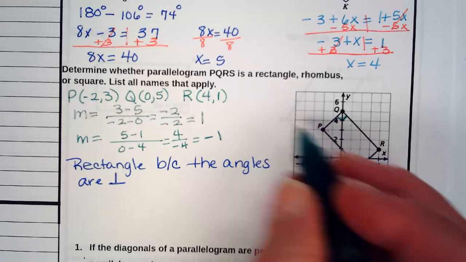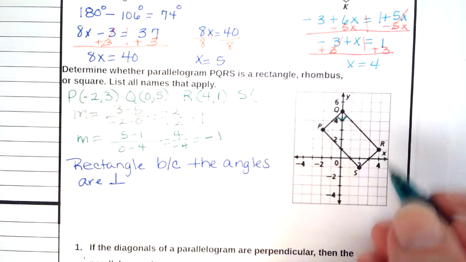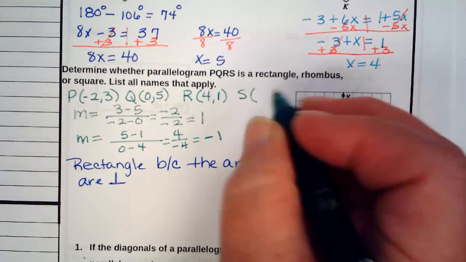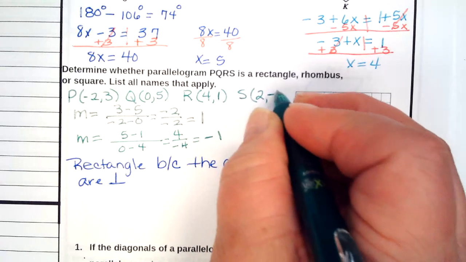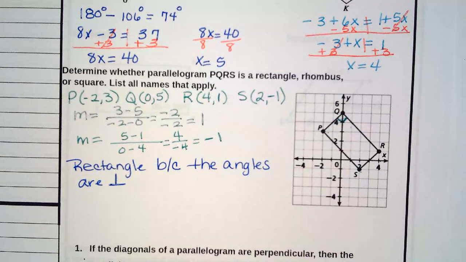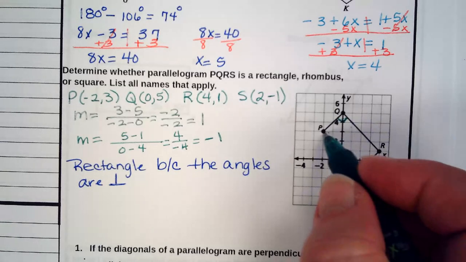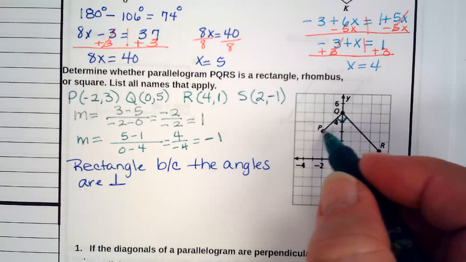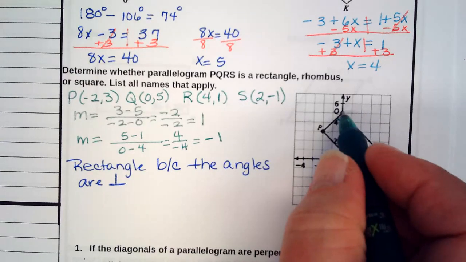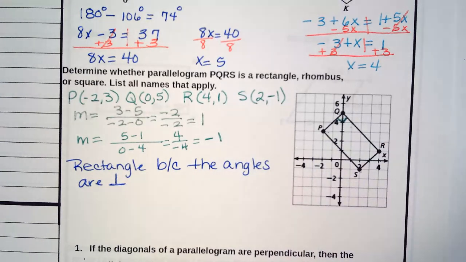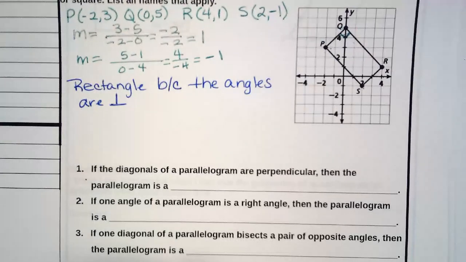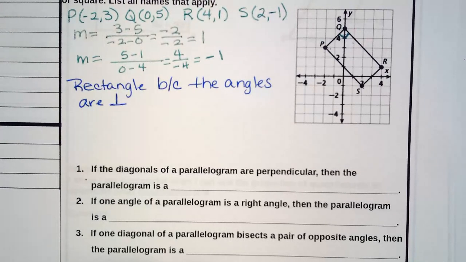I need to find point S now, and that is 2, -1. So I'm going to look at the distance. We know it's a parallelogram, which means opposite sides are congruent. So I'm going to look at the distance or the length between P and Q, and then between Q and R. And if they are both the same, then I know I've got a square.